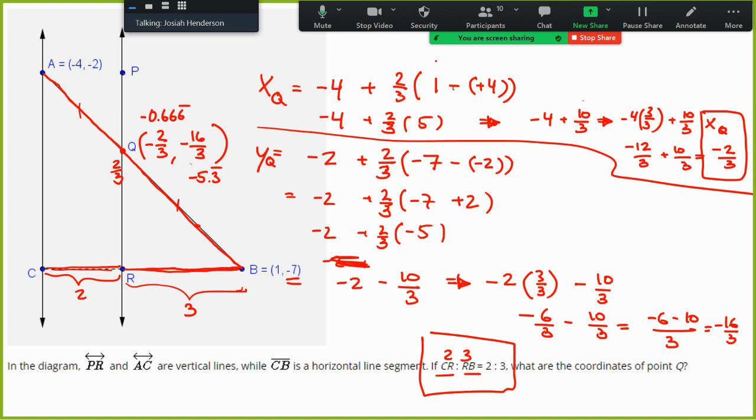2/3. Is that the correct fraction I should have been using? Remember, the formula is A over A plus B. So it's not 2/3, it's 2 over 2 plus 3. 2/5. Darn it.